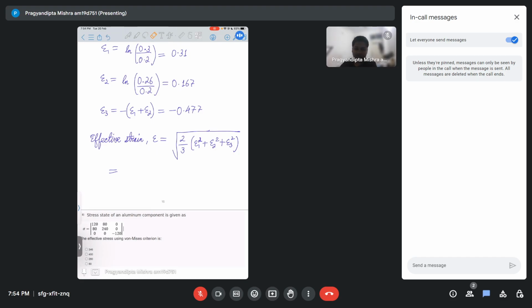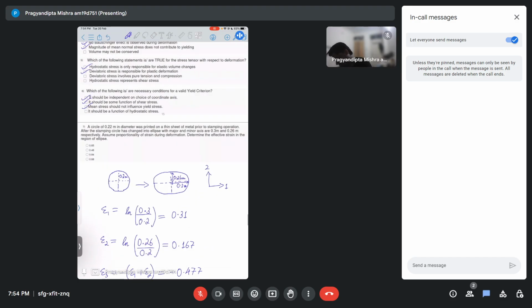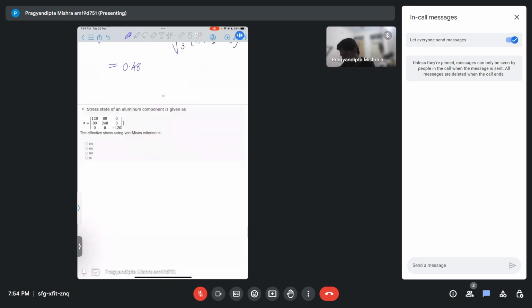So final answer is 0.48. Let's see if there is a match. Yeah, this is the answer. So we have got the final answer correctly.